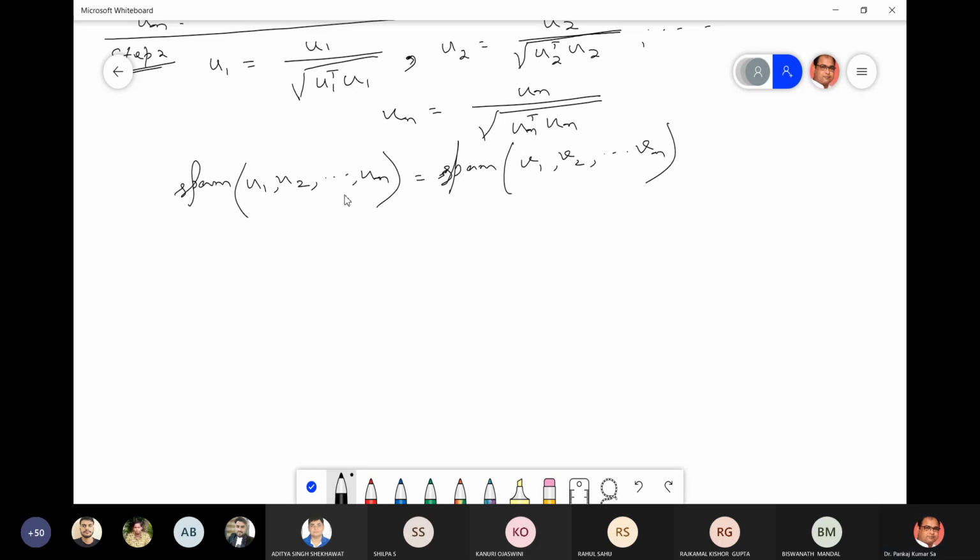So the span of u1, u2 up to un is nothing but the span of v1, v2 up to vn. u1, u2 are no more than a linear combination of v1, v2. But the important thing is u1, u2, un are all orthonormal basis vectors, whereas v1, v2 are not.